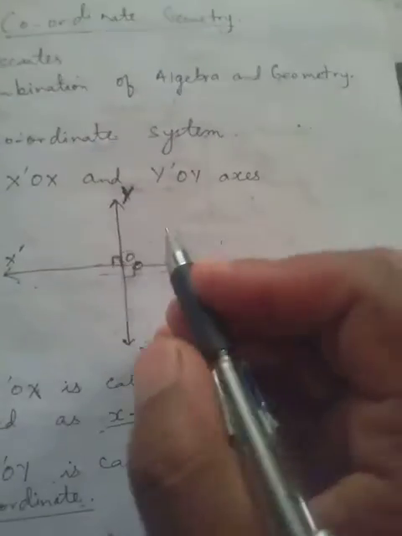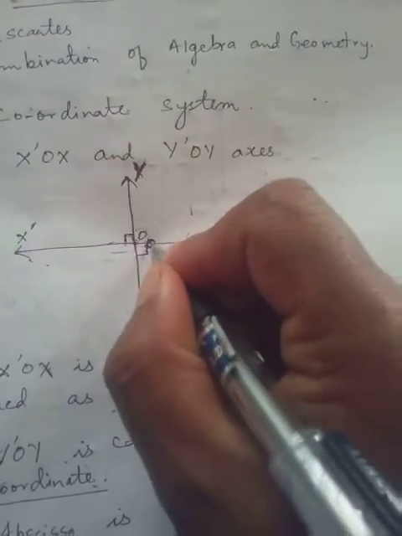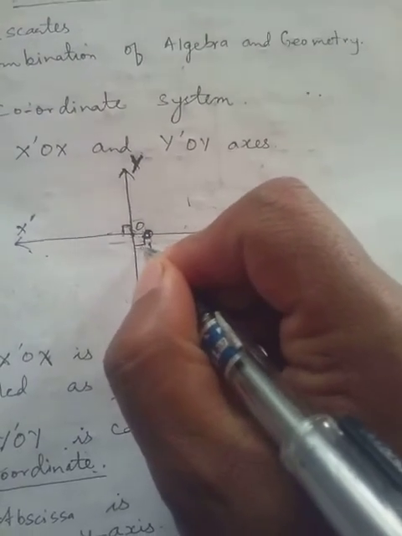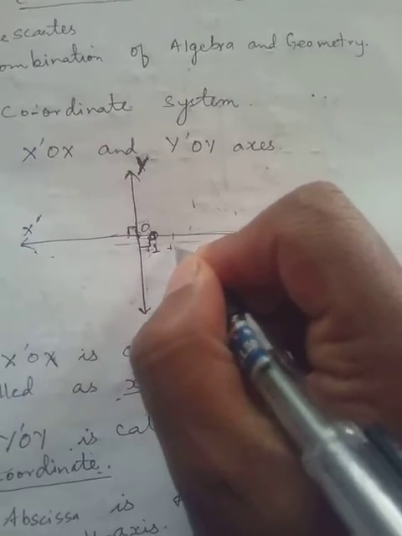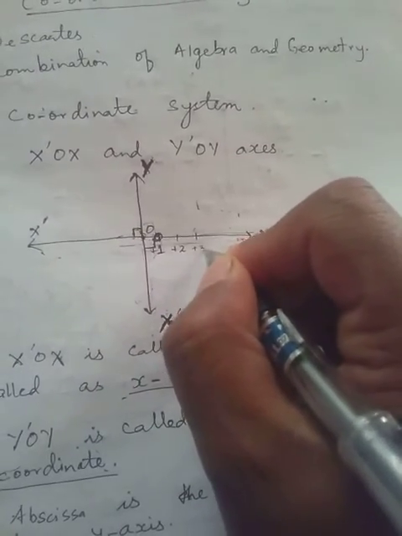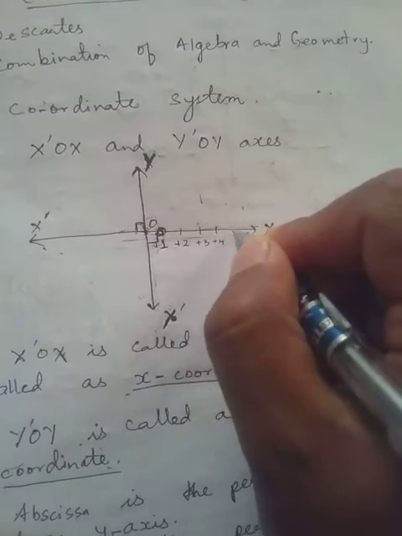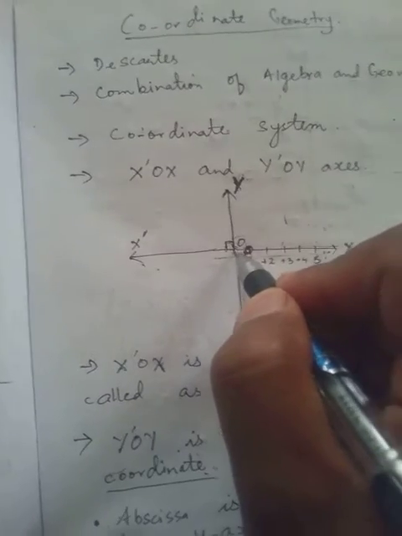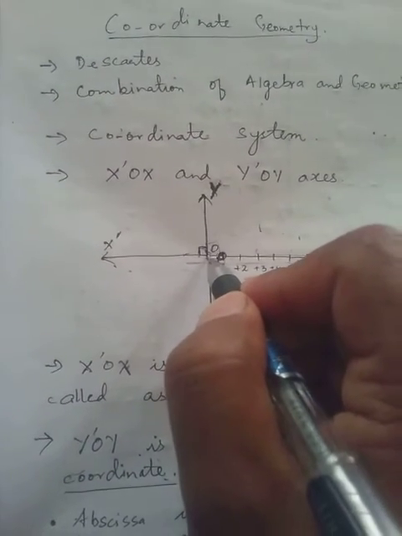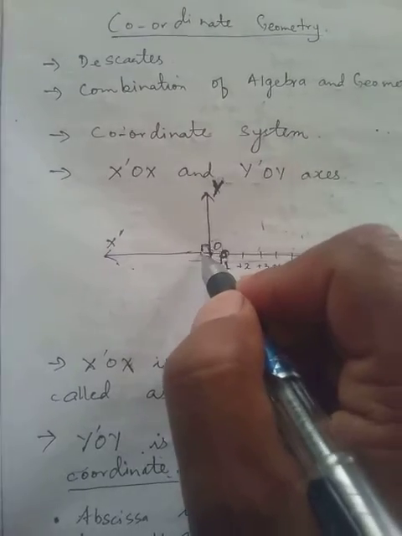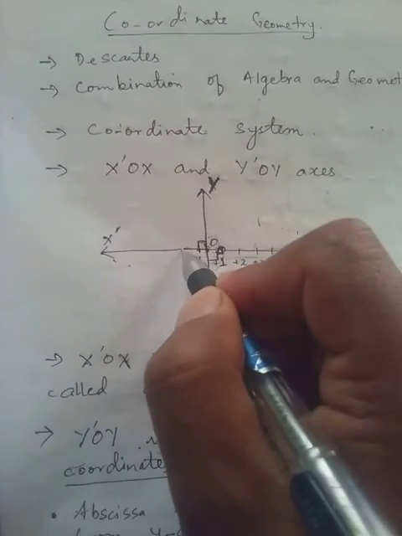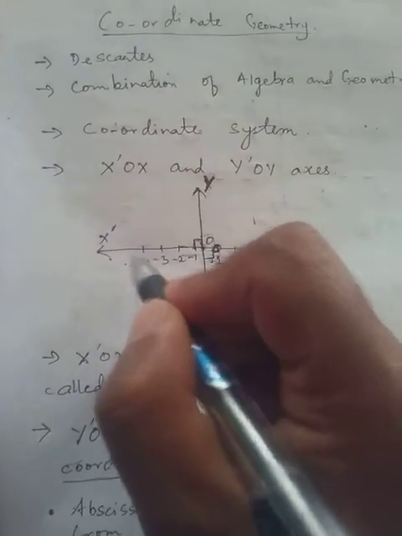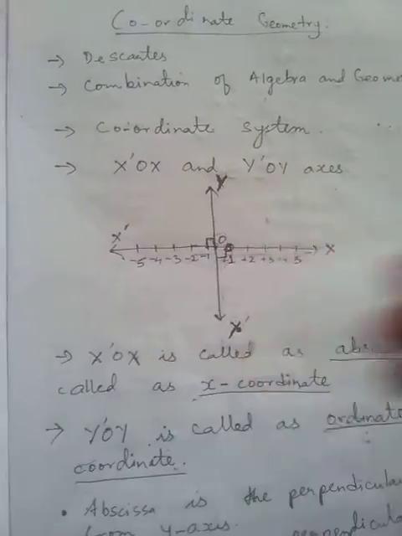Now we will write the numbers. The origin O is 0, then this will be plus 1, plus 2, plus 3, plus 4, and so on, up to plus 5. On this side, from the origin, the value will be 0, then minus 1 to the left, minus 2, minus 3, minus 4, and minus 5.